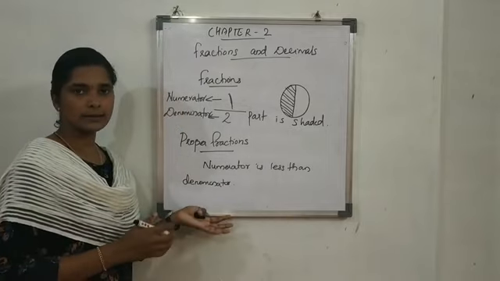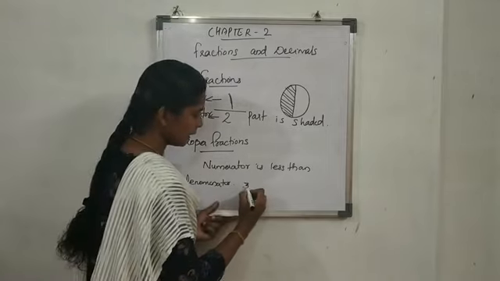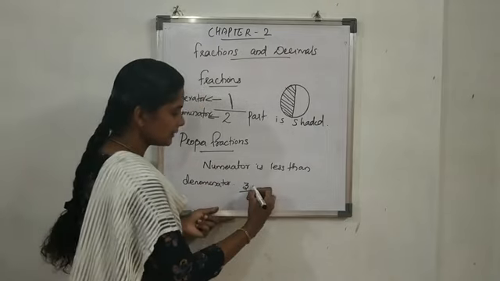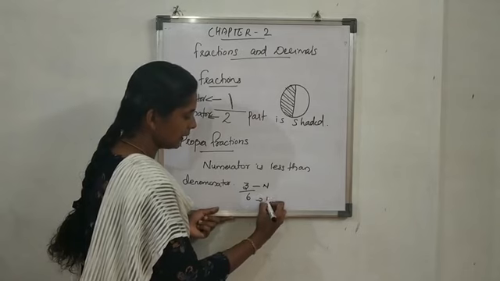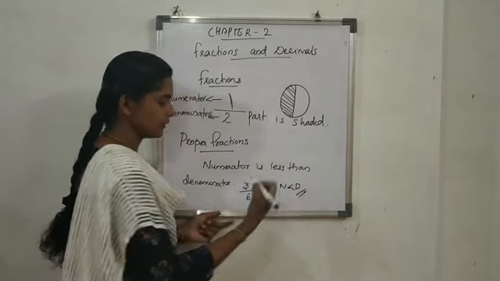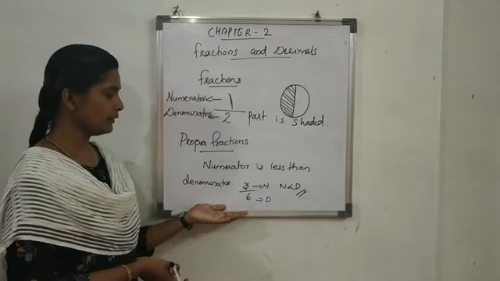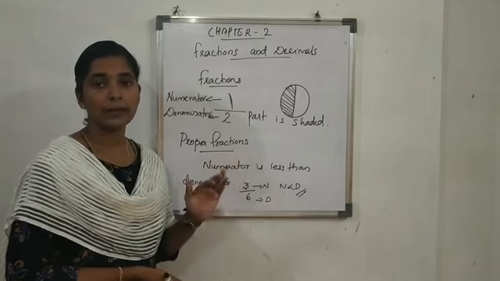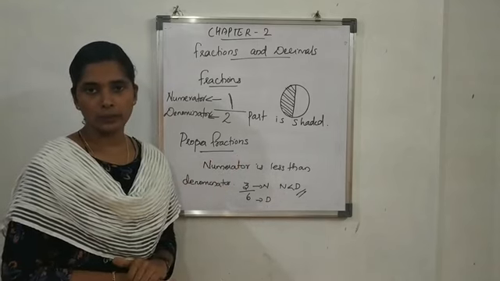We can also take other examples, like 3 upon 6. This is the numerator and this is the denominator. In this case, the numerator is less than the denominator. Like this, we can write any fractions. These are called proper fractions.